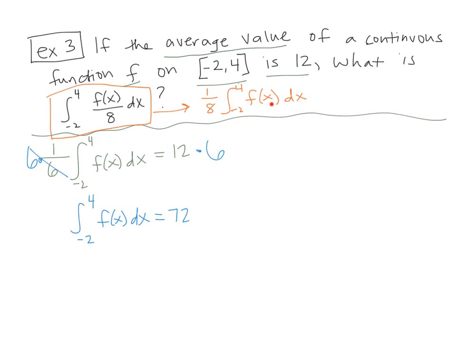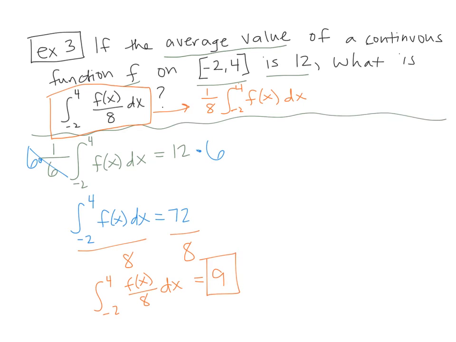We want to know what 1/8 of it is. So if we divide both sides by 8, then we have the integral of f of x over 8 dx is 72 divided by 8, which is 9.